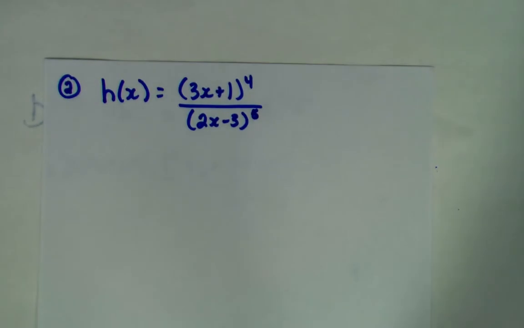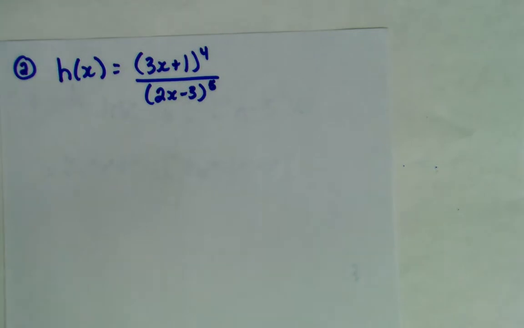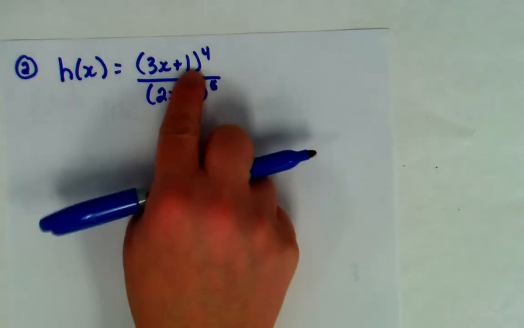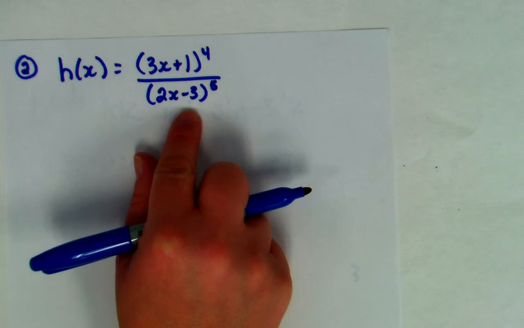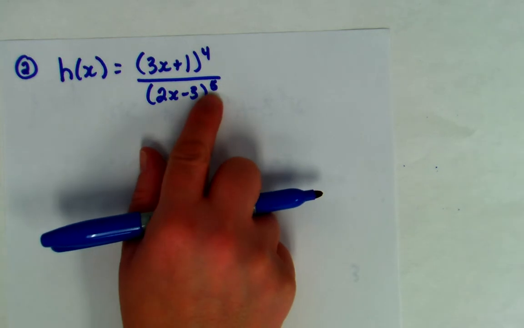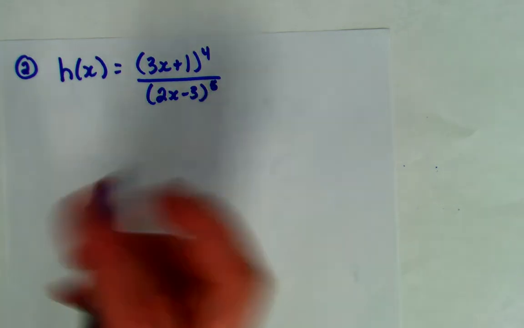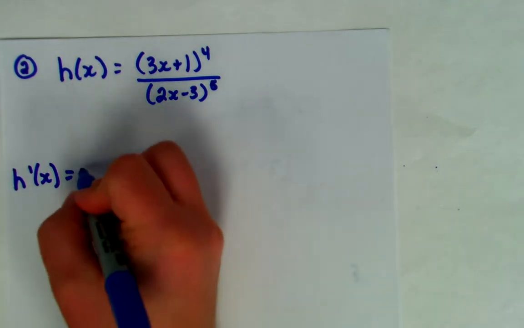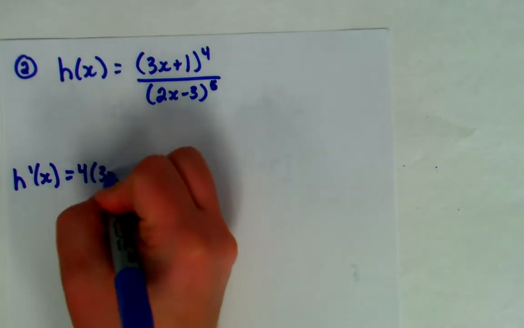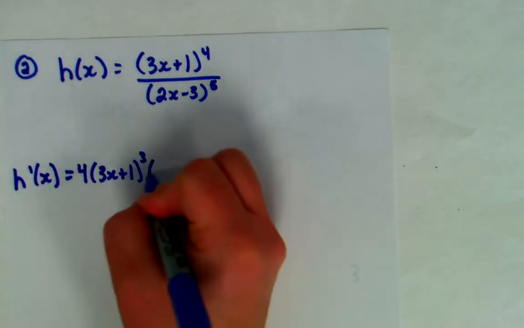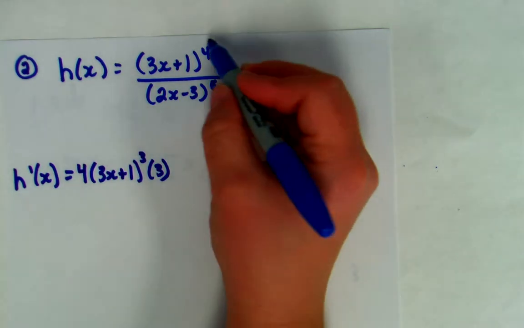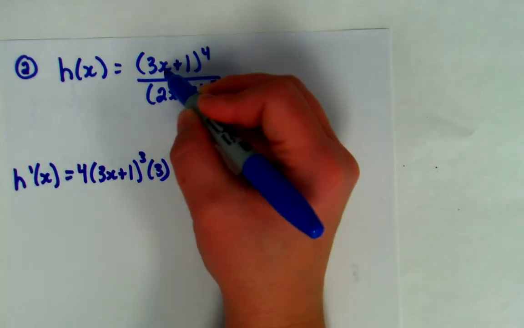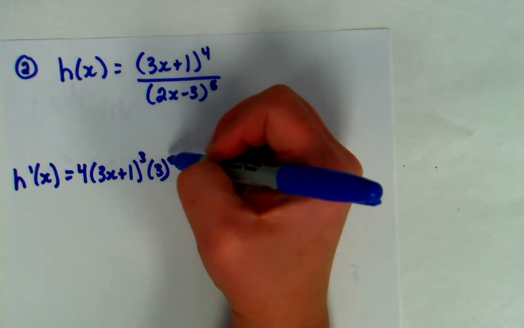We can also apply this common factoring when we have a quotient. So I have (3x + 1) to the 4 on top and (2x - 3) to the 5, sorry if that's a little blurry, but it's a 5 on the bottom. So h prime of x is going to be the derivative of the top, which is 4 (3x + 1) to the 3 times 3. 4 comes down, keep it the same, drop the exponent to 3, then look inside and grab the inside derivative, which is 3.